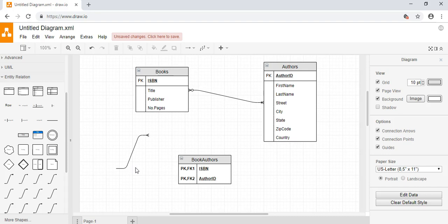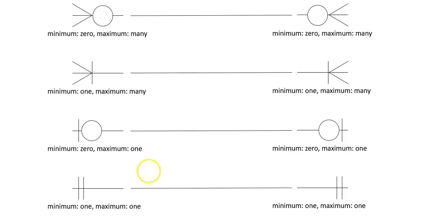But first, let me show you all of the relationship combinations we might have. At the end of your relationship line, there are 4 possibilities on each side of the line. This symbol means the minimum is 0. That's what the circle is for. And the maximum is many.